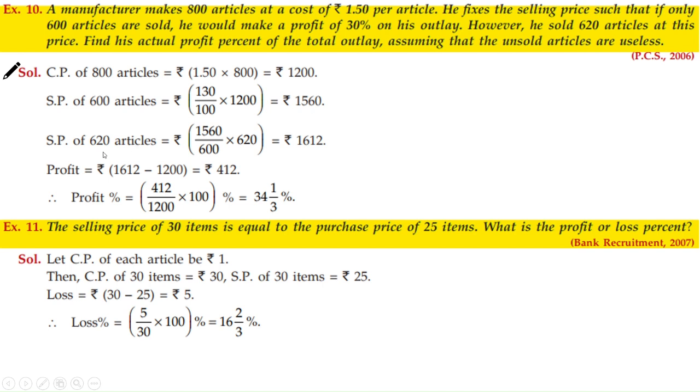Selling price of 620 articles equal to rupees 1560 by 600 into 620. That equal to rupees 1612. Profit equal to 412. Then profit percent equal to 412 by 1200 into 100%. That equal to 34 1 by 3%.